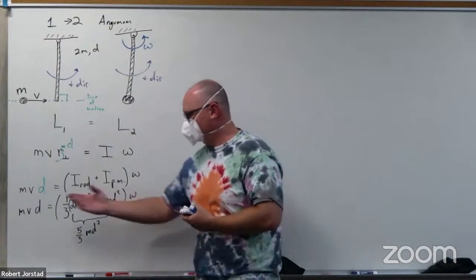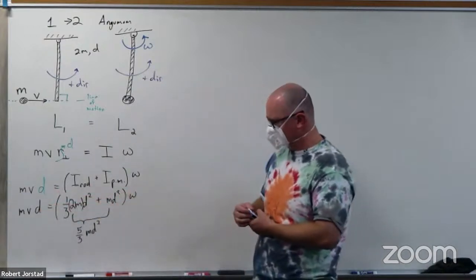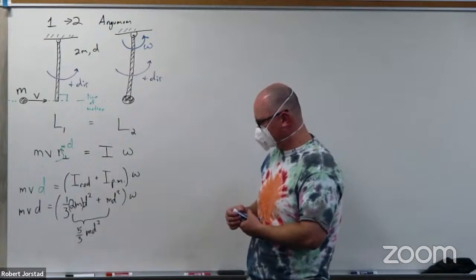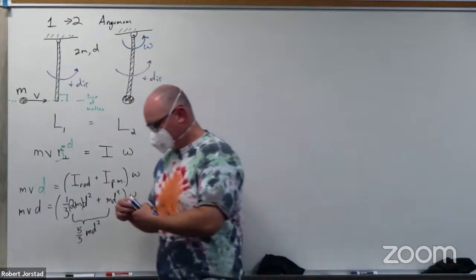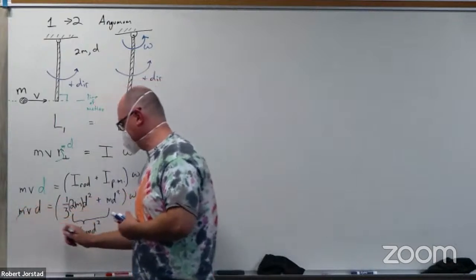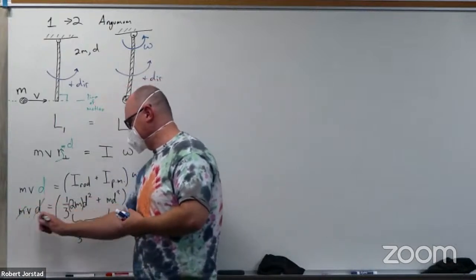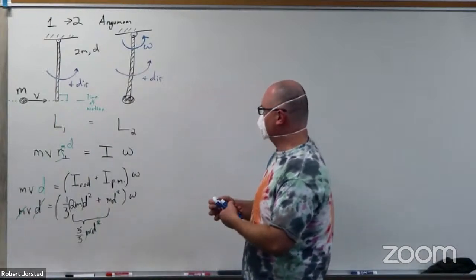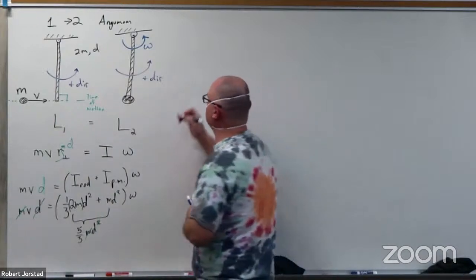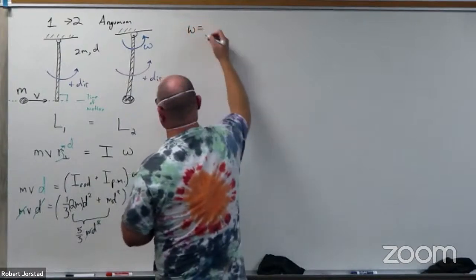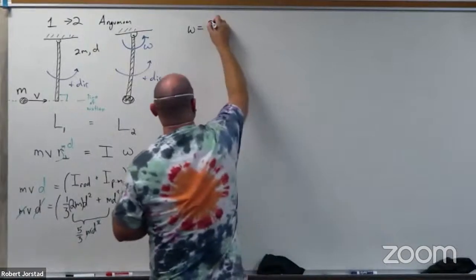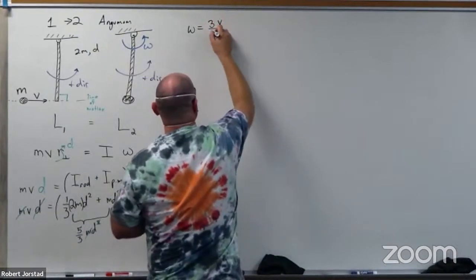What drops out? M and a D. You're right. M and a D. So this M cancels that M. This D cancels one of those D's. And out of all of this, I know this is not very easy to see, so I'm going to write it up here. Omega equals, let's see, 3V over 5D.